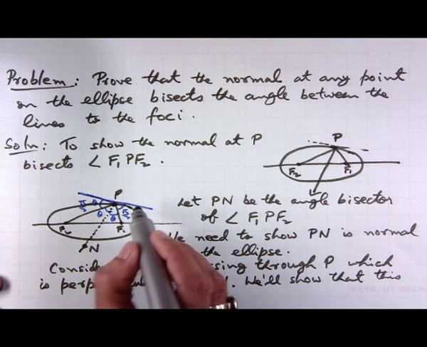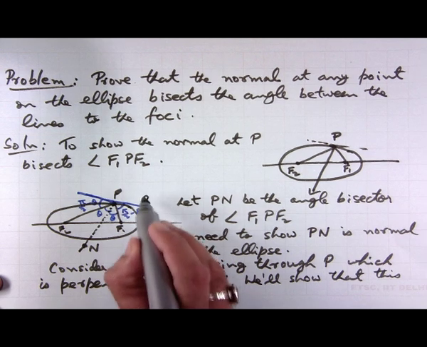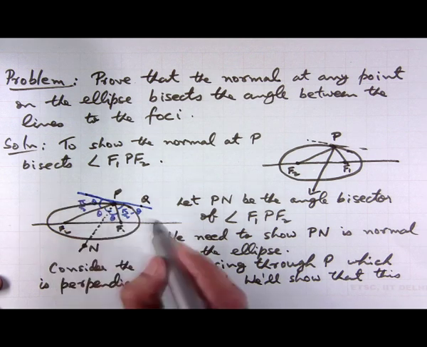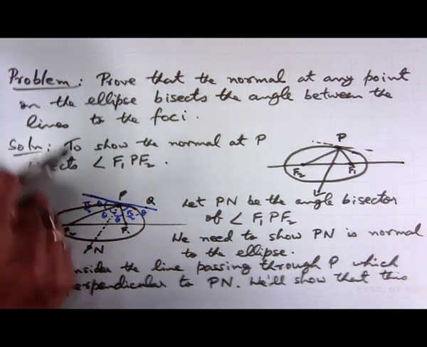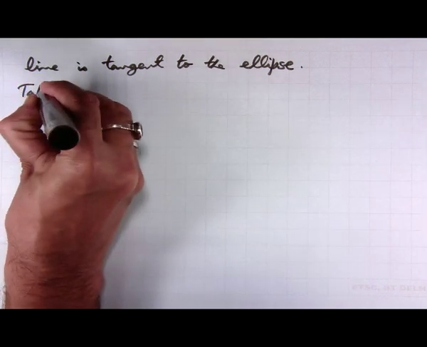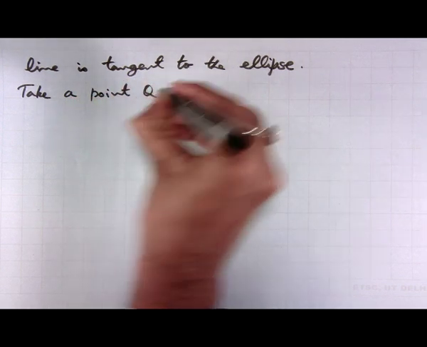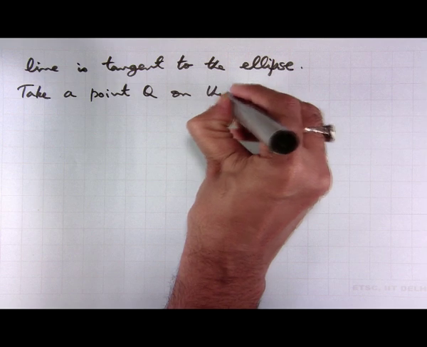Which means that we have to show that if there is any other point q on this line, then q must not lie on the ellipse. So, take a point q on this perpendicular line.